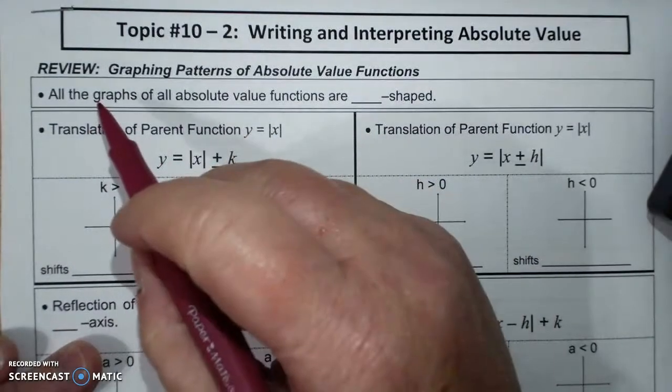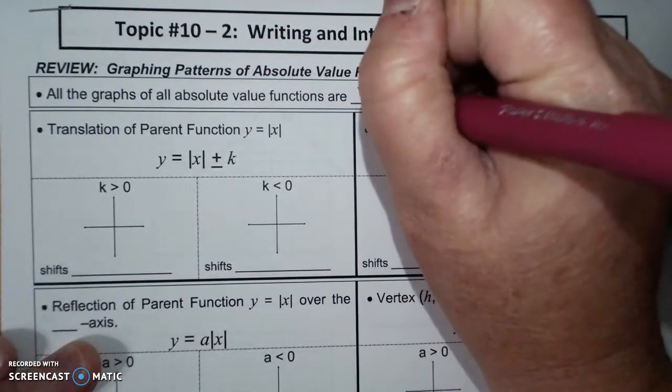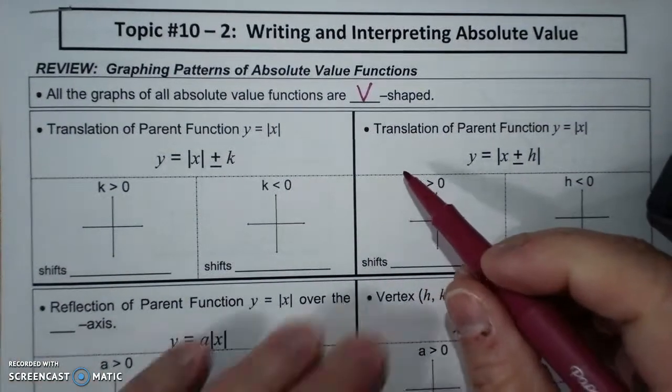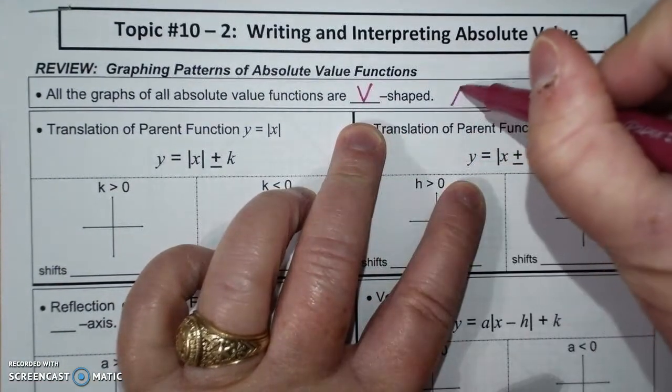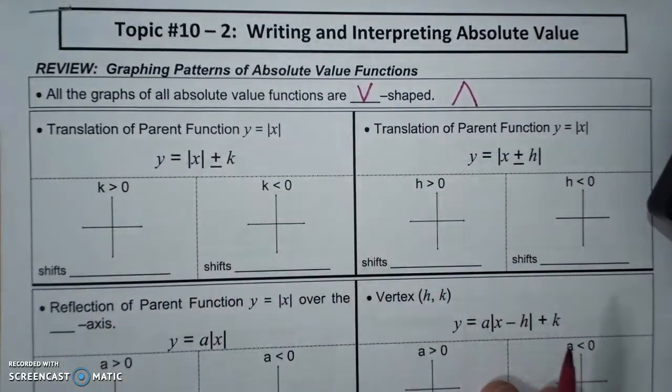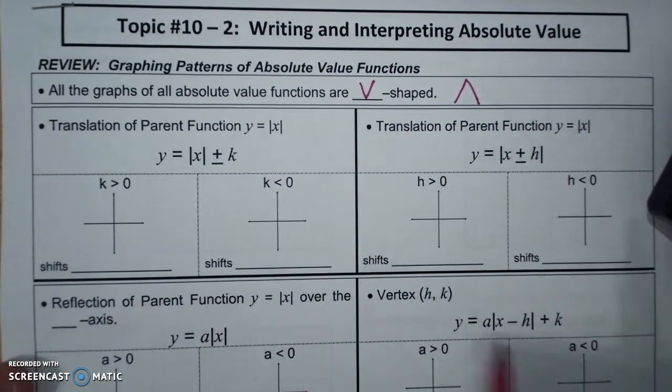All the graphs of absolute value functions are V-shaped. They can be V-shaped with a minimum, or an upside down V, which means reflected across the x-axis, with a maximum point.